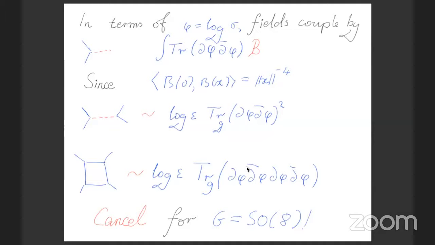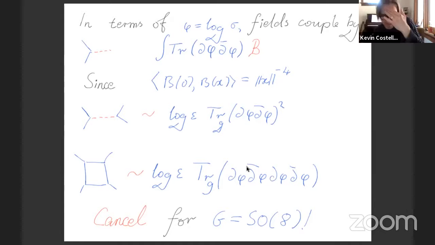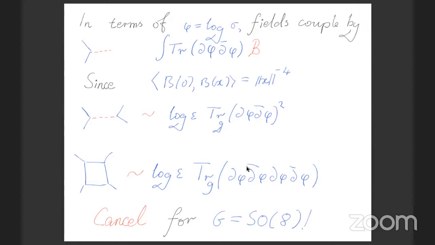But at least there are 2 staring at you just from that term by itself. That's right. I feel at some stage I thought about this, and are they not related by total derivatives? No, I don't think so. I think they're really independent, but I could be misremembering.